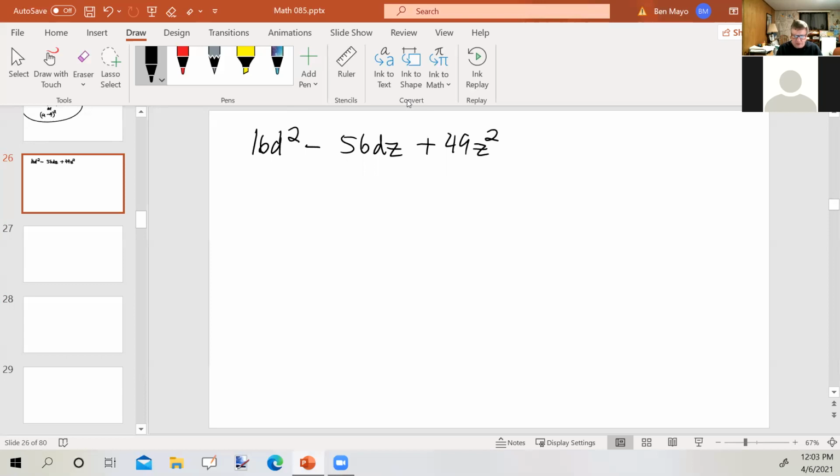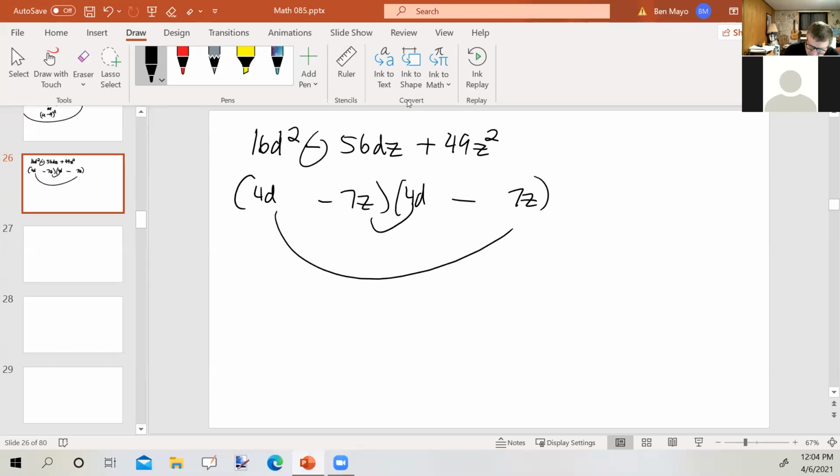The leading coefficient is, wait a minute, it might be a perfect square. 16d squared is a square plus 49z squared, that's a square. So this would be 4d and 4d and 7z and 7z. The signs would both have to be negative in order to get a negative middle term. Does that give me minus 56dz? There's minus 28 of them, minus 28 of them.